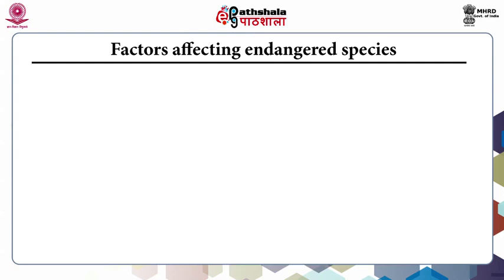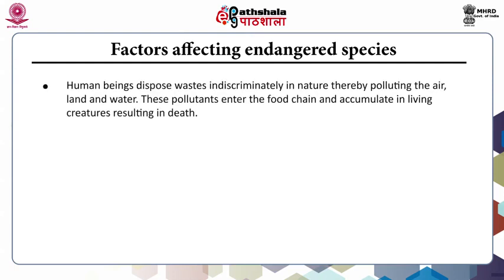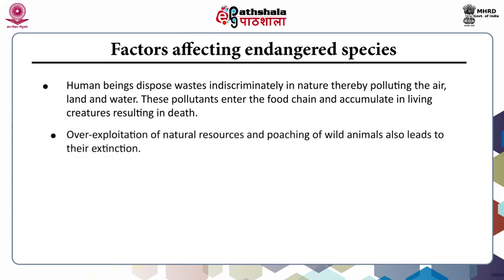The various factors which affect endangered species include: human beings dispose waste indiscriminately in nature, thereby polluting the air, land and water. These pollutants enter the food chain and accumulate in living creatures, resulting in their death. Overexploitation of natural resources and poaching of wild animals also lead to their extinction.